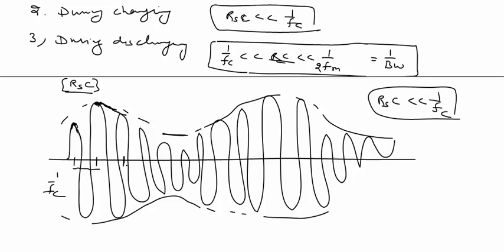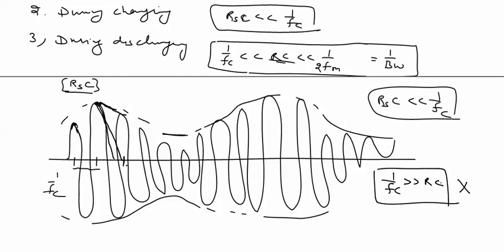If 1 upon fc is greater than RC, the RC discharges so fast in between two cycles that it can't cope up with the peak of the next cycle; it drops in between. We want to follow the envelope of the message signal, the AM signal, so this is not a desirable condition.